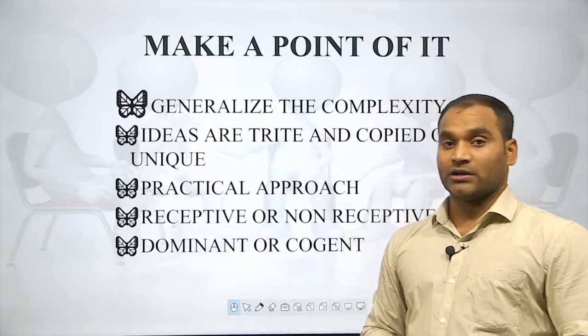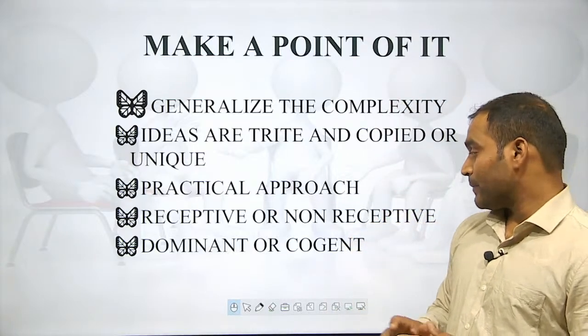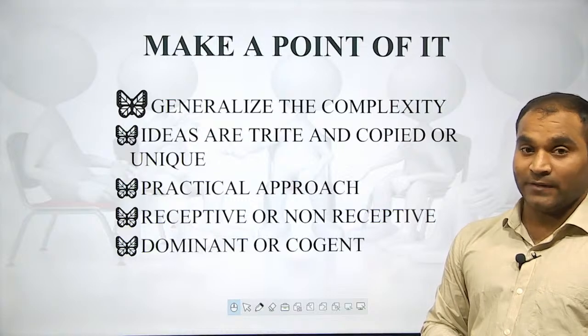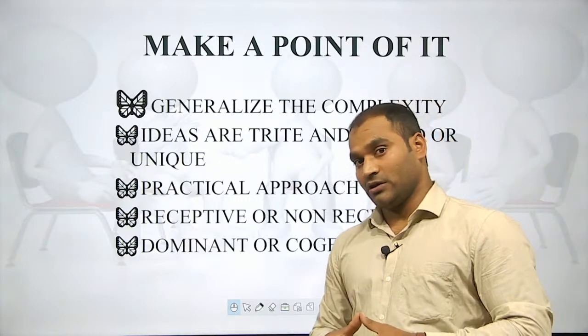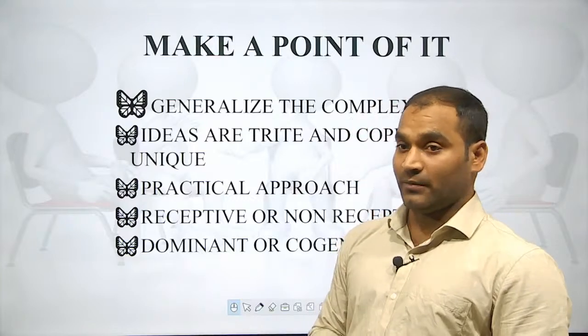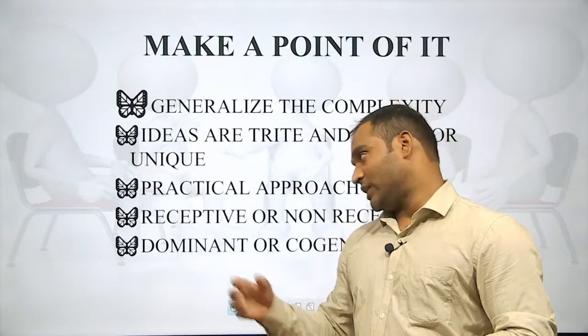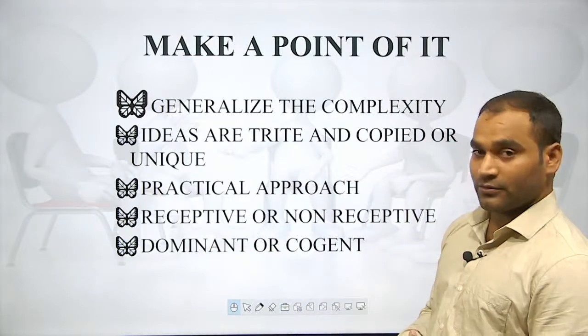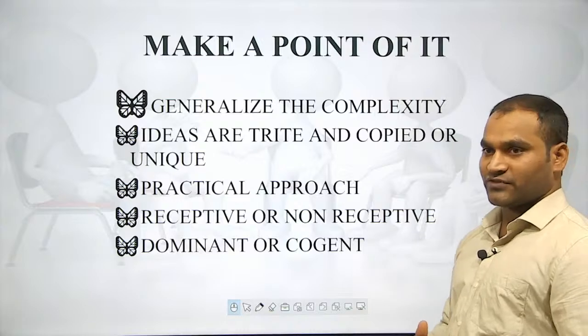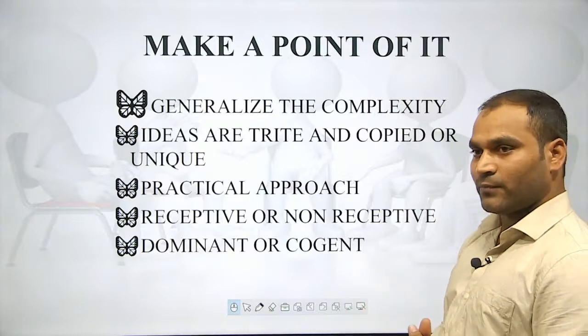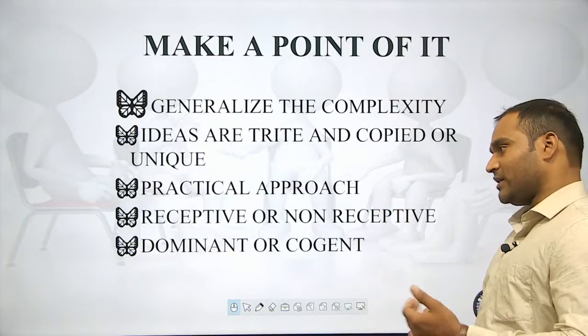If you are dominating the group, it means that you are not allowing other speakers to participate, and if other speakers are not able to participate, what is the meaning of group? Group means each and every member of the group should participate. So, you have to allow everyone to speak, not to be dominant, right? And you have to be a little bit persuasive. Somebody gives some kind of point, you agree on that, and then give your own logic.